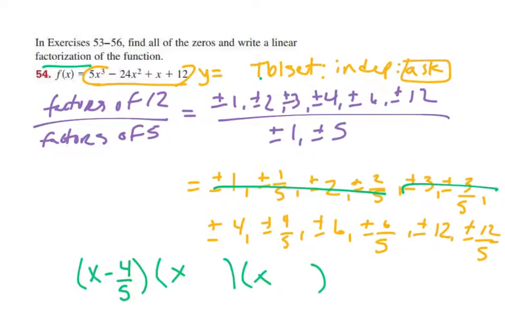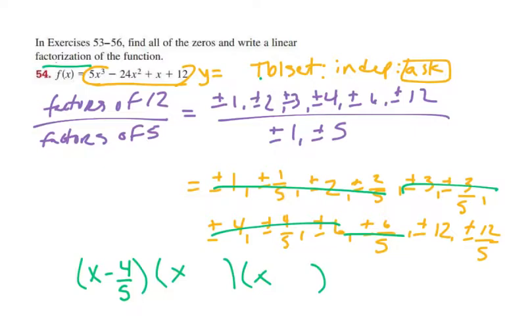And then did I do negative 4/5? Nope, that's not a 0. And then 6, and negative 6. So none of those. 6/5, negative 6/5. 12, negative 12. And 12/5.